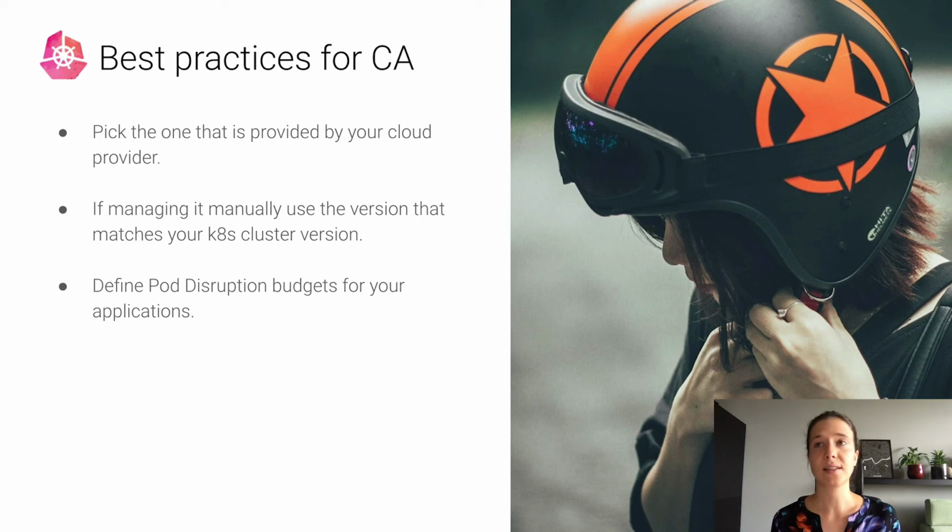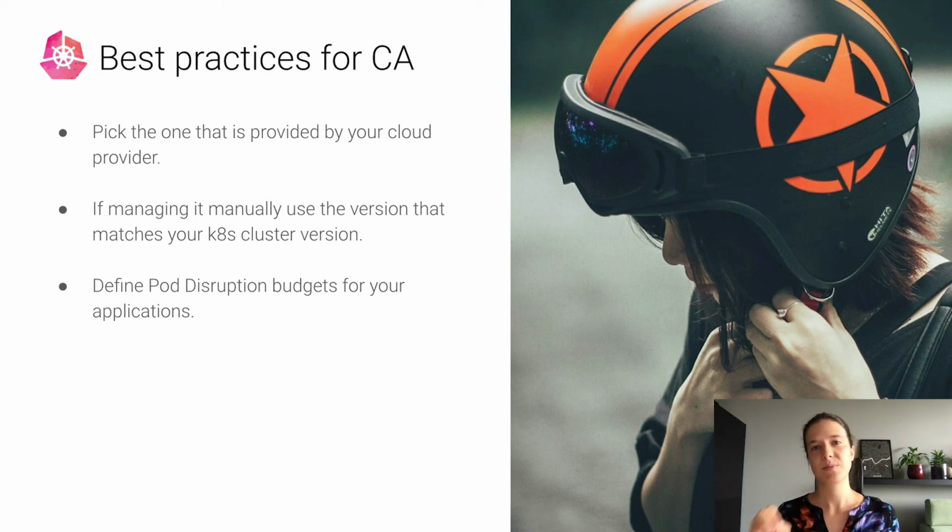Best practices when using Cluster Autoscaler: you should always use the hosted version of Cluster Autoscaler if it's available, as it is likely to be optimized for a better experience. If you are managing your Cluster Autoscaler yourself, please pick the one that matches your cluster version.